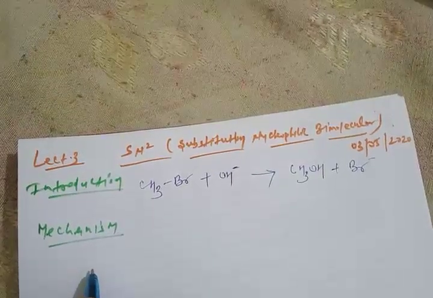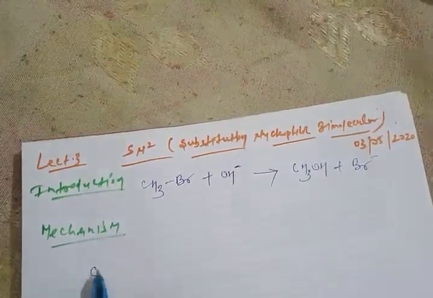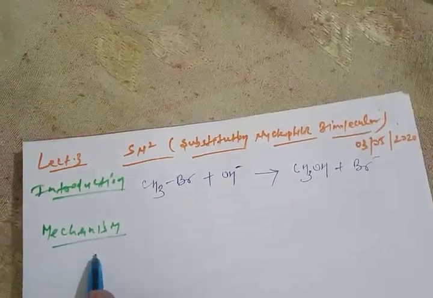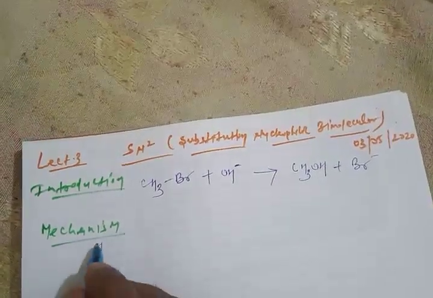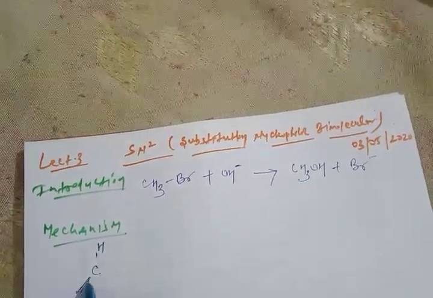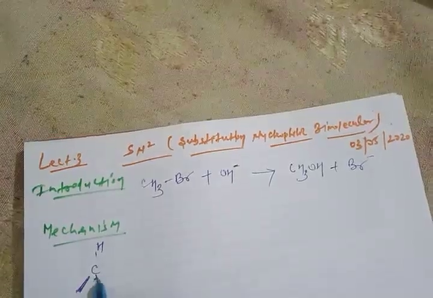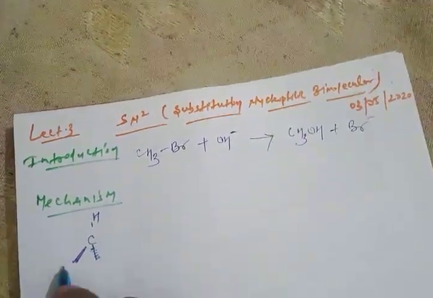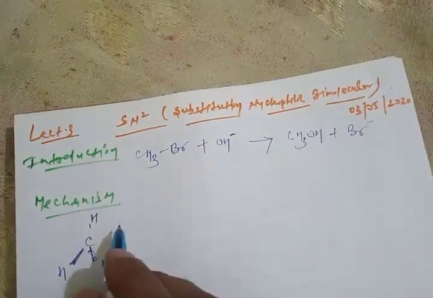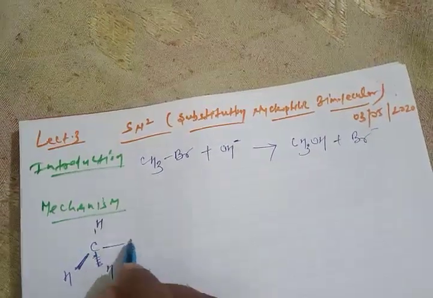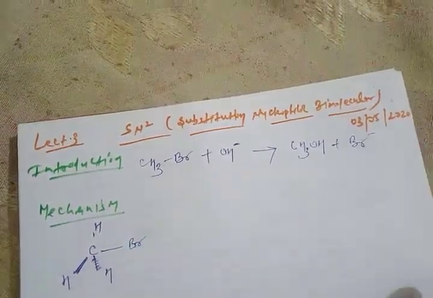Here we have carbon with hydrogen, this hydrogen, and this hydrogen. So this is H, this is H, and this is Br.